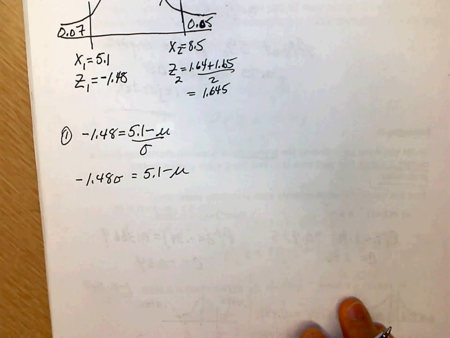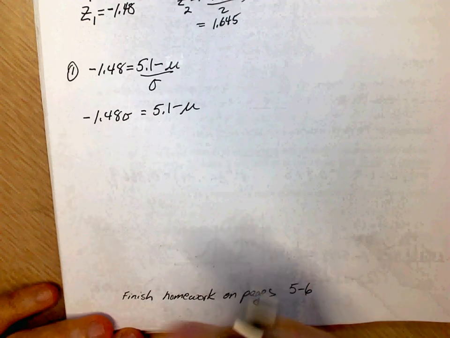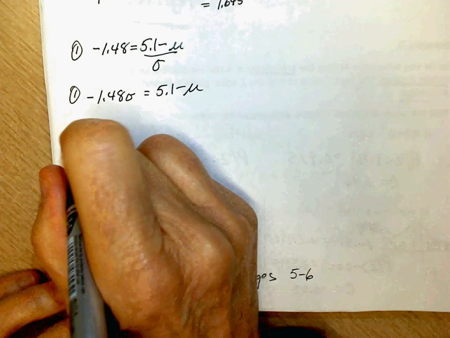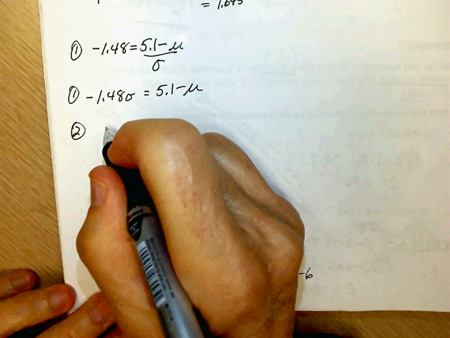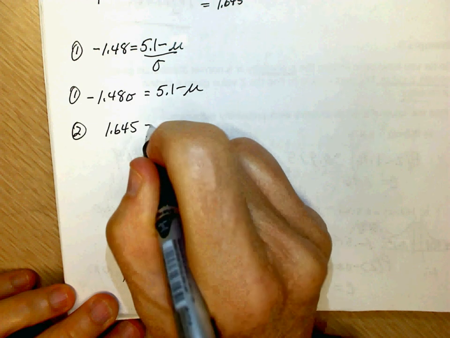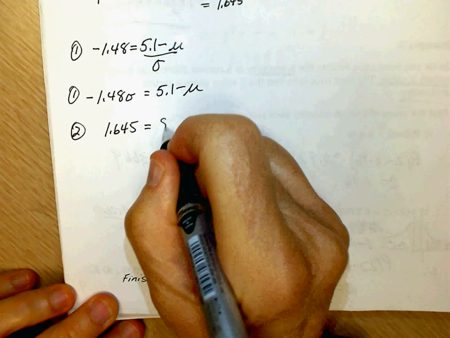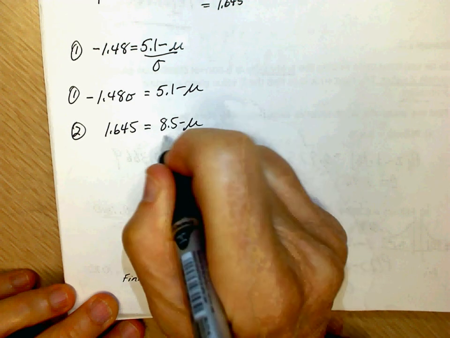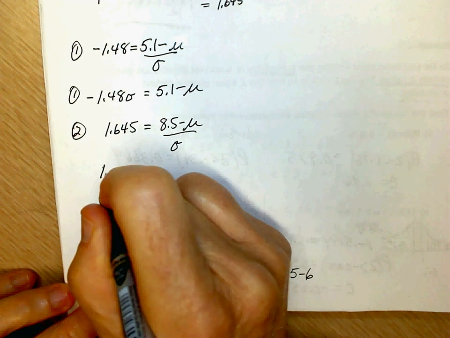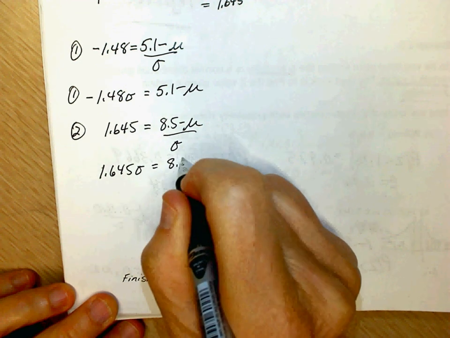That's really our first equation. Then working on our second equation, we have 1.645 equals 8.5 minus the mean over the standard deviation. 1.645 sigma equals 8.5 minus the mean. So that will be our second equation.